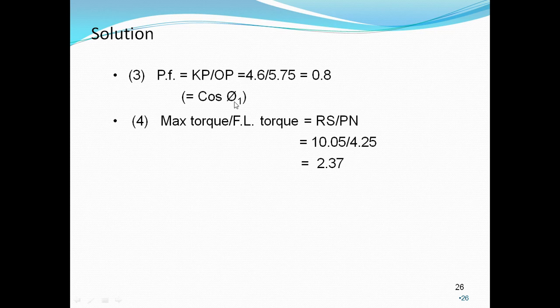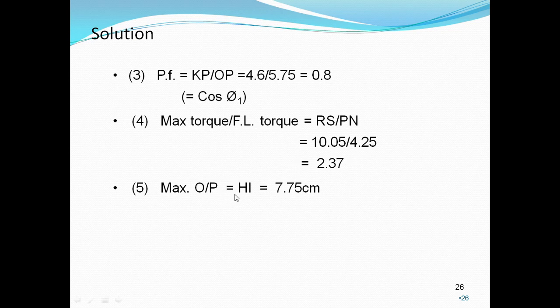Next is the ratio of maximum torque to full load torque. The maximum torque is RS and full load torque is Pn. So that is 10.05 by 4.25, which is 2.37.